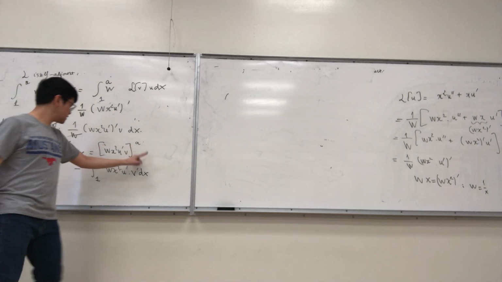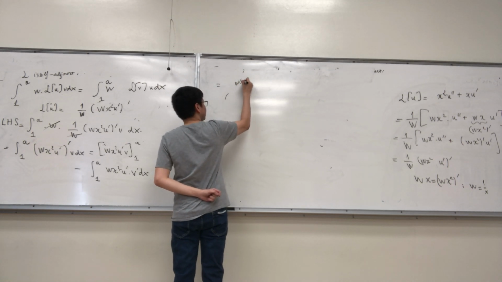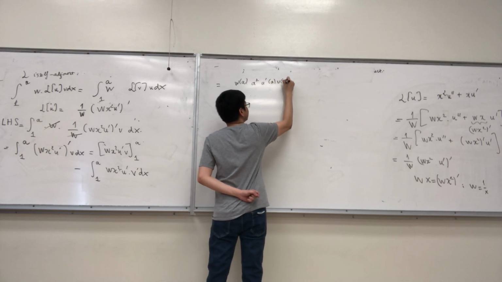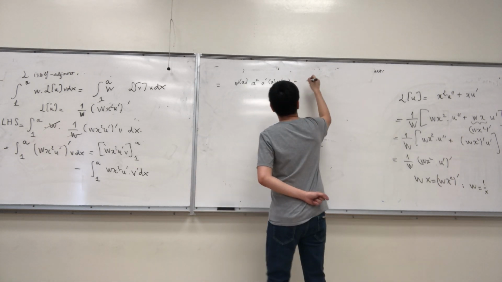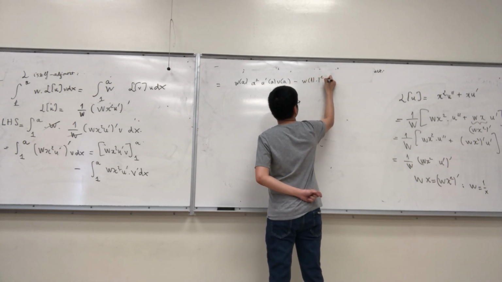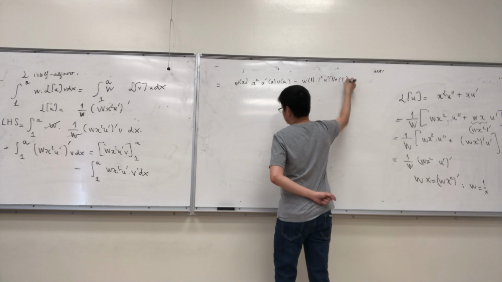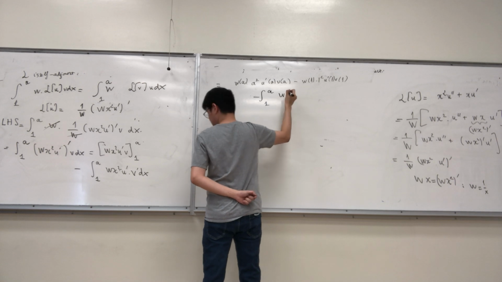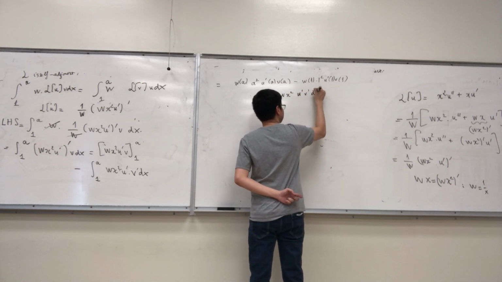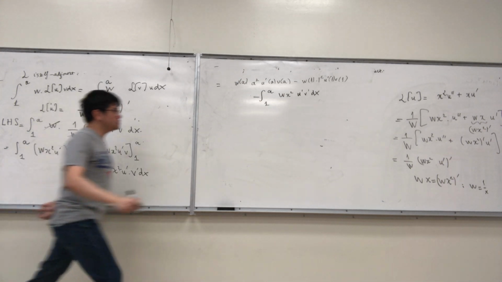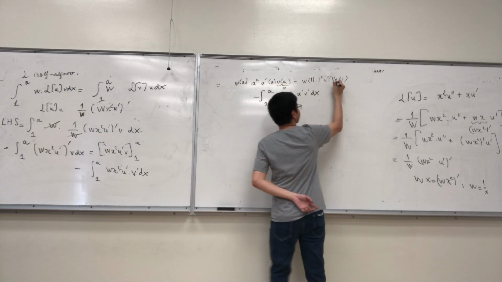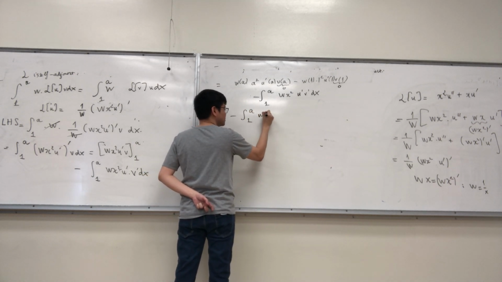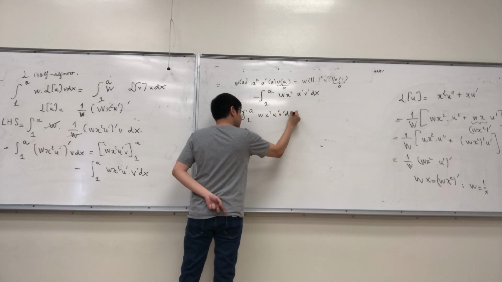So I have w(a) a squared u prime(a) v(a) minus w(1) 1 squared u prime(1) v(1), minus the integral from 1 to a of w x squared u prime v prime dx. This is 0, this is 0, so this gives minus the integral from 1 to a of w x squared u prime v prime dx.